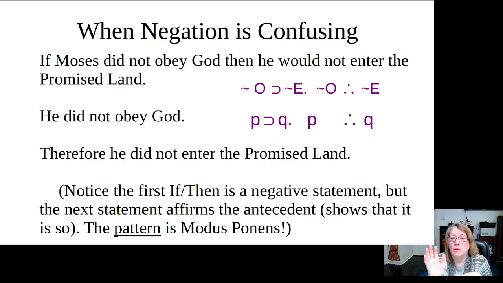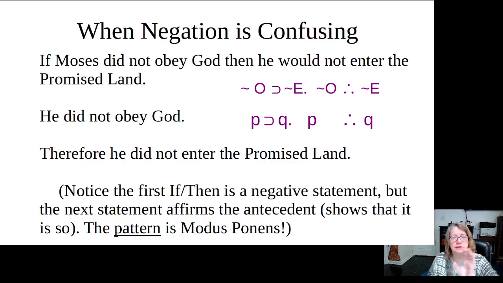And so the second line, notice I put a period after the not E. The second line, if it were done in the three-line normal format, would be not O. So he did not obey God. So that's a not O. Therefore, not E.